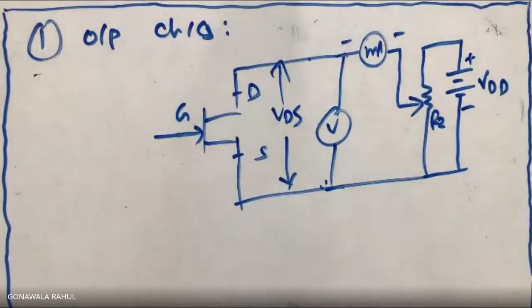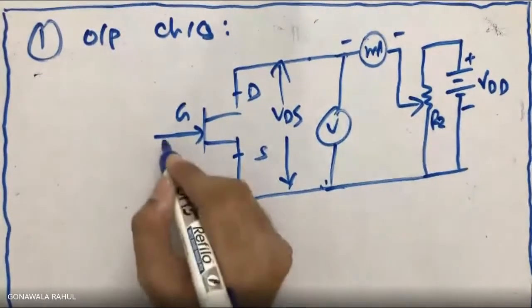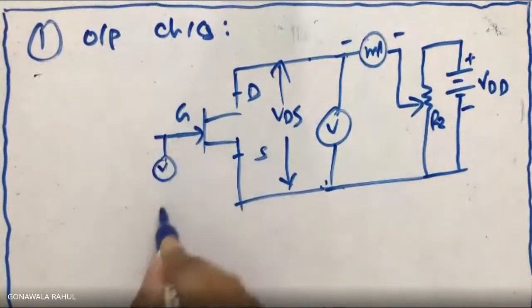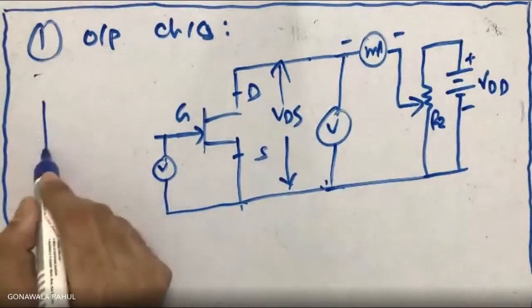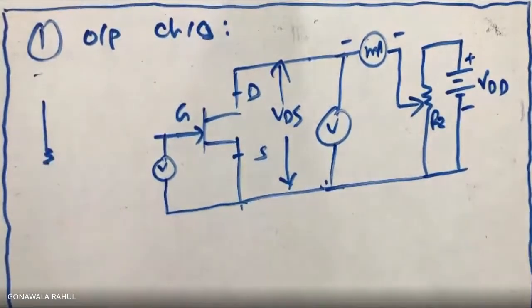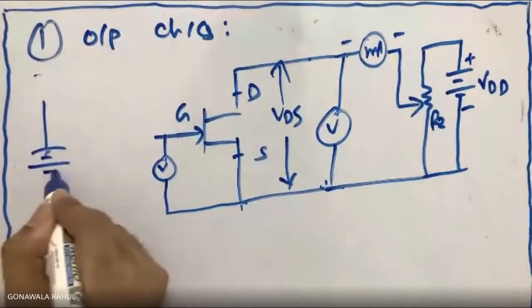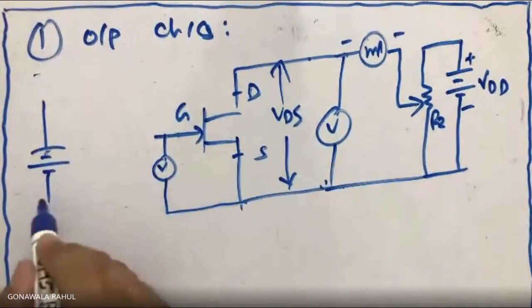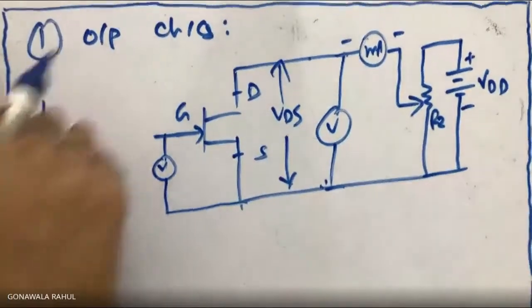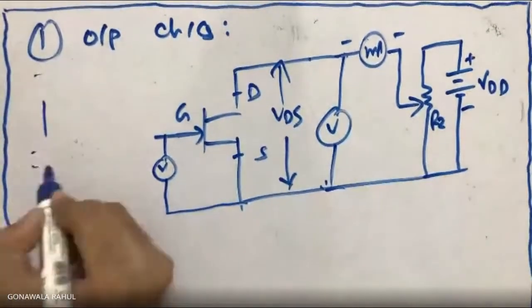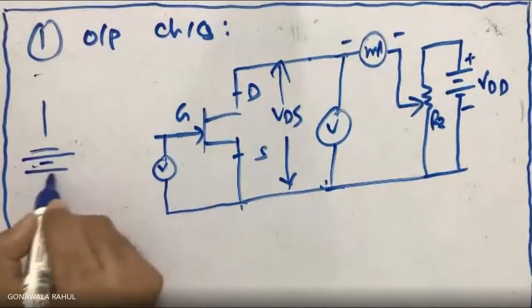To measure the gate current, a voltmeter is connected here. Again at the gate supply, VGG, but VGG is negative because it is an N channel.